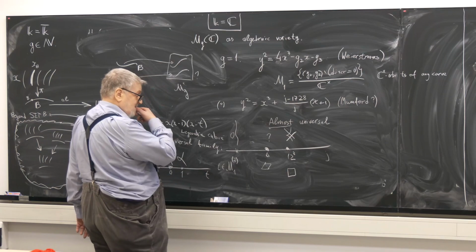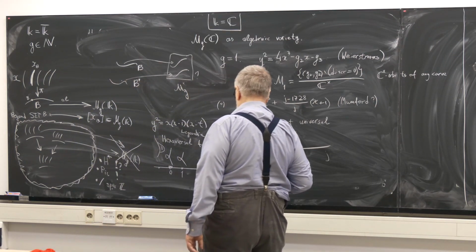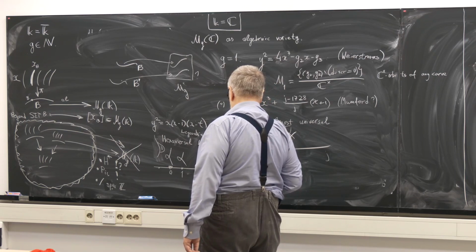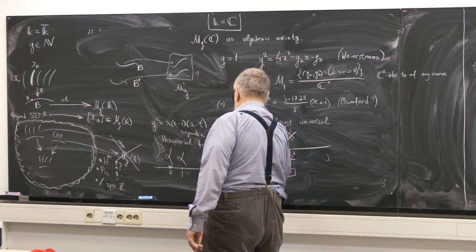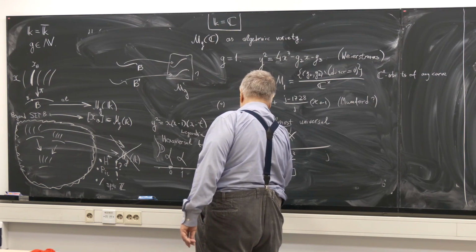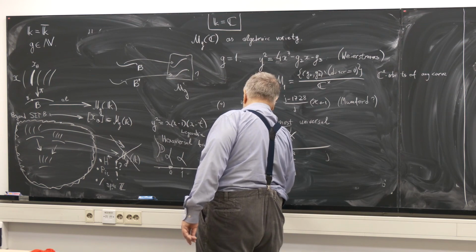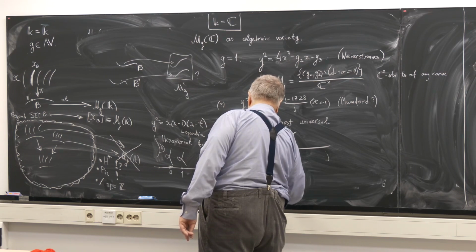That will be soon explained. M1,2 is precisely C minus 0, 1.